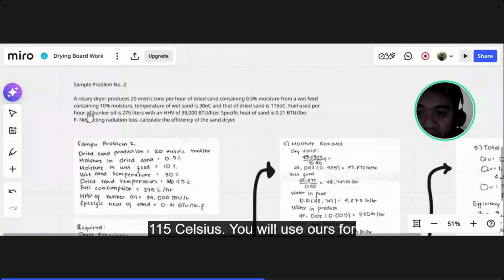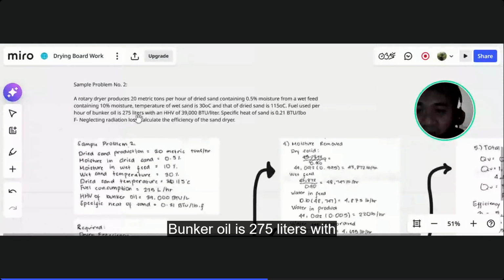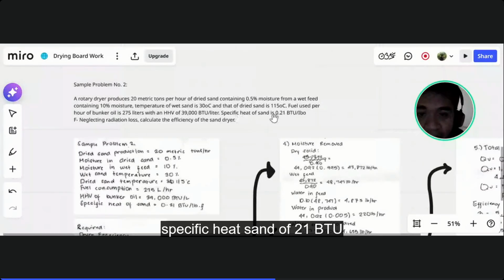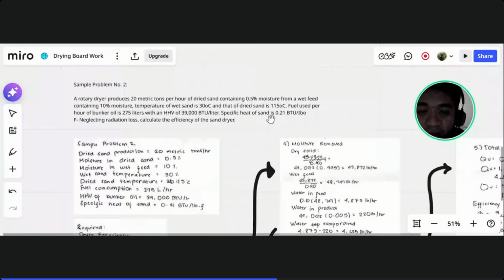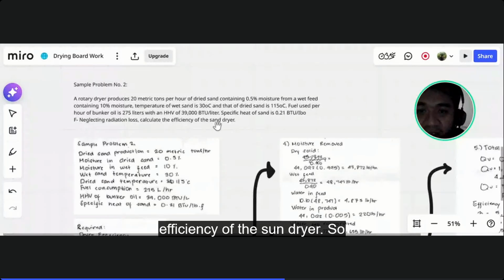Fuel use per hour for bunker oil is 275 liters with an HHV of 39,000 BTU per liter. Specific heat of sand is 0.21 BTU per pound per Fahrenheit. Neglecting radiation loss, calculate the efficiency of the dryer.